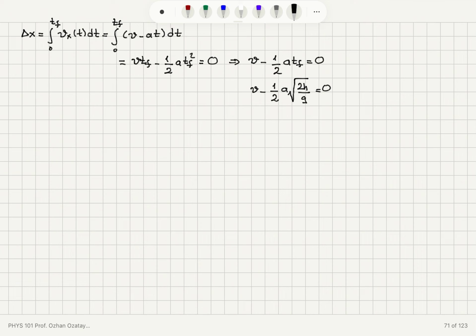So we find that v is equal to 1 over 2 a times the square root of 2h over g, and this gives us 2v over a is equal to the square root of 2h over g.